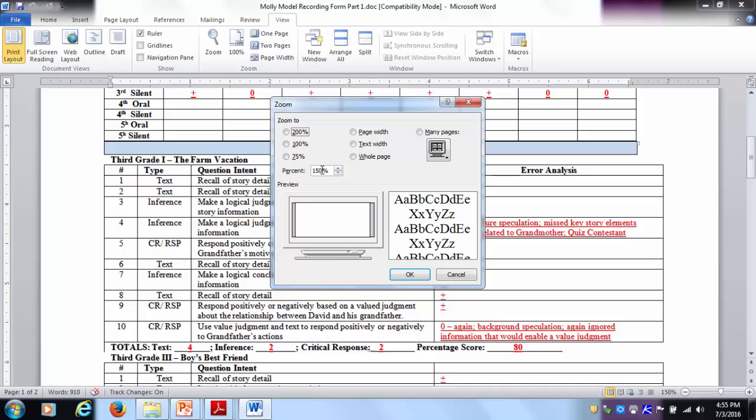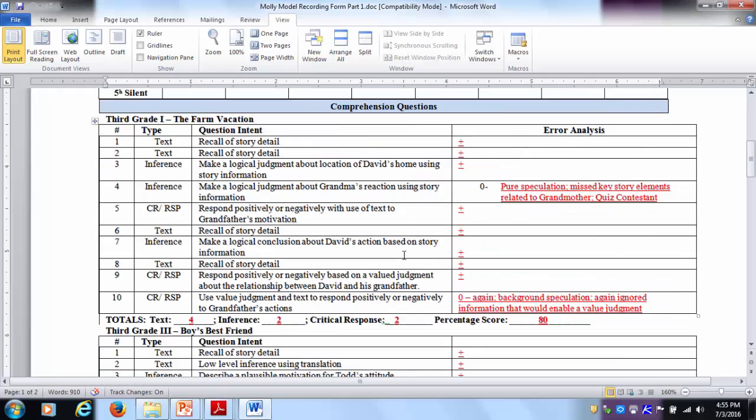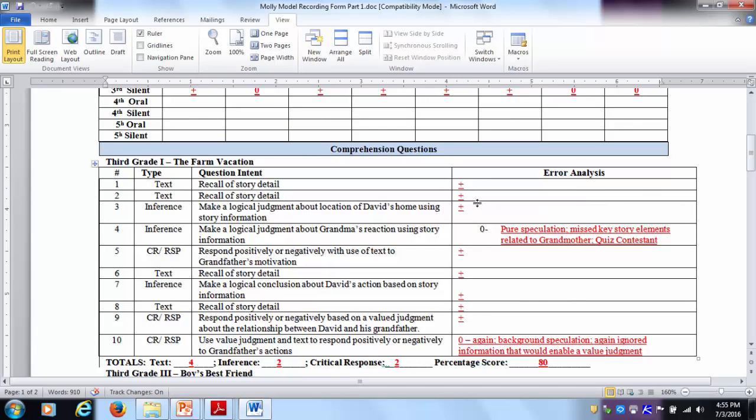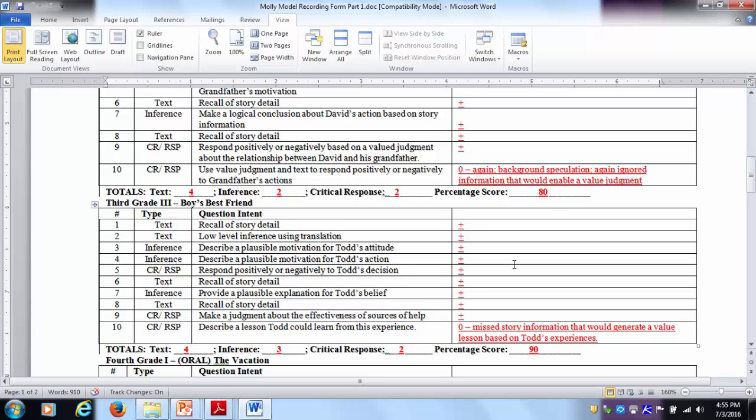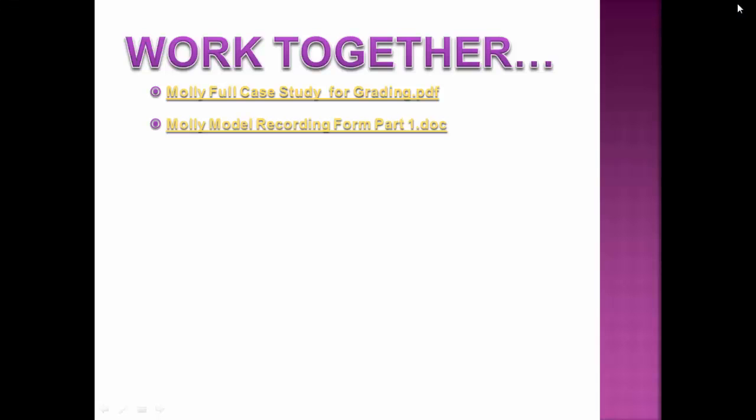Oh, it's pretty high up there, but let me try it anyway, a little bit higher. There we go. So you see, all the pluses are there, and the only time you make a comment is an explanation. So here we have at the summary 80% following oral and 90% following silent.